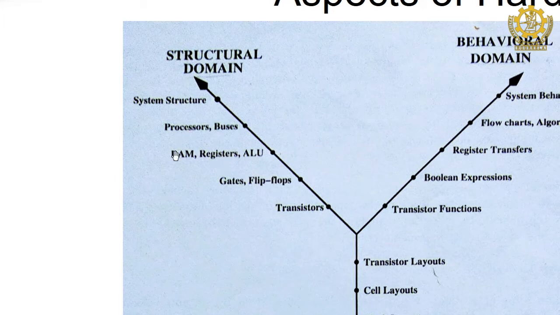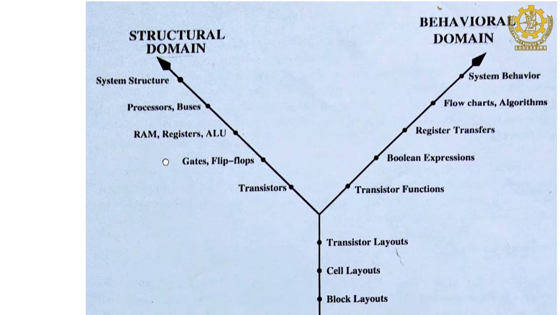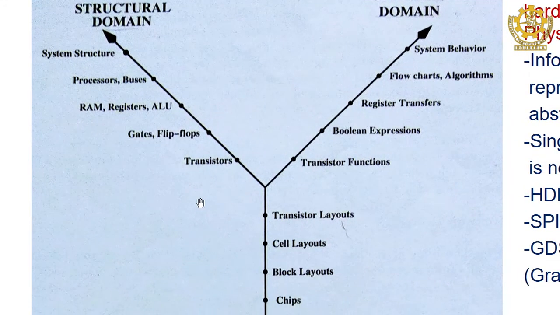So the processor and buses can be classified as RAM, register and ALU. And at a lower level of hierarchy, registers will consist of flip flops, and the ALU will consist of gates. So that is another level where you can pass information in the structural domain.